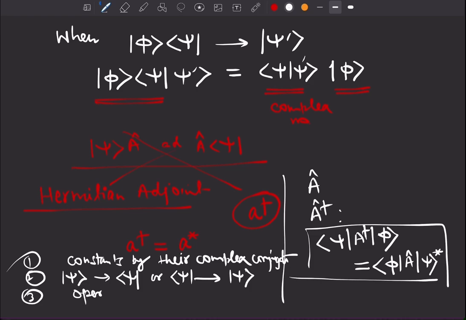So if you want to get the Hermitian adjoint of any expression, we must apply these three rules: constants by their complex conjugates, bras by their corresponding kets and kets by their corresponding bras, and operators by their adjoints.